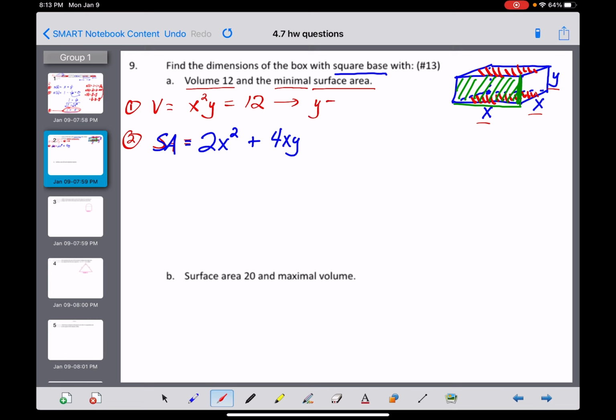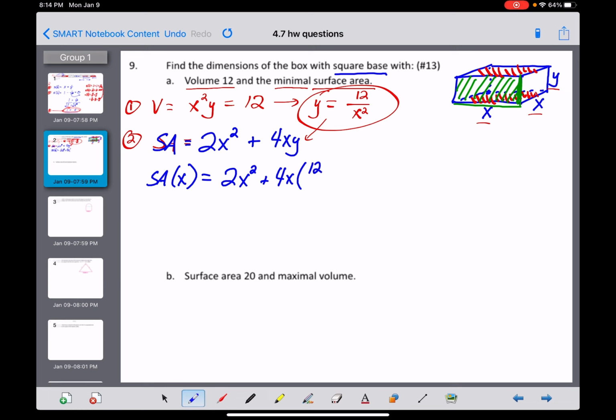So y is going to equal 12 divided by x squared. So there's the parameter, and now I'm going to substitute that in right here. So surface area, which will now just be written as a function of x, is going to be 2x squared plus 4x, and we'll replace that y with 12 over x squared.